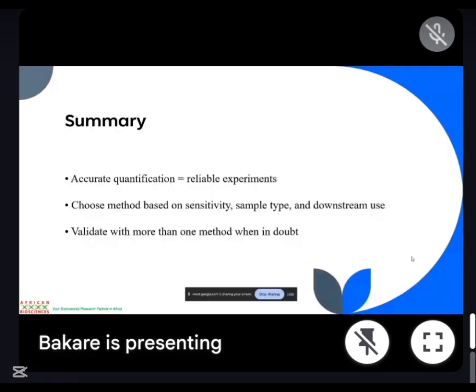So for the summary: accurate quantification means a reliable experiment. You choose the method based on your need. If I just want to do PCR, once I use my nanodrop and my gel, I'm good. I don't need to use Qubit to check my quantification again. But if I want to do transcriptomics, I have to use all three, if I have them.